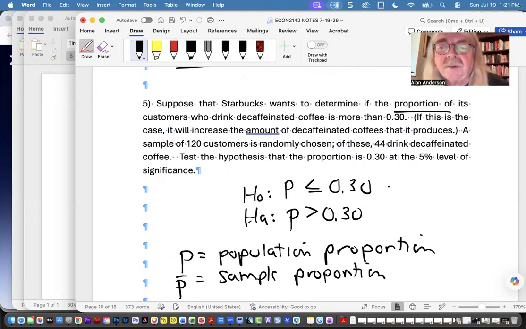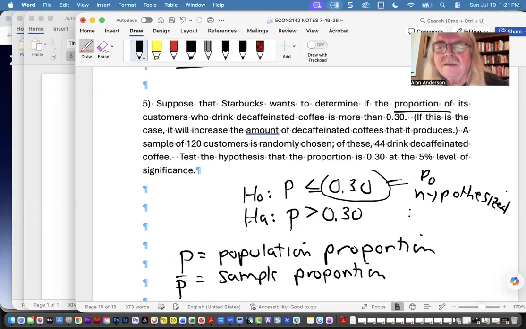The hypothesized proportion here is written as p0. Just to make sure we don't forget how that works here.